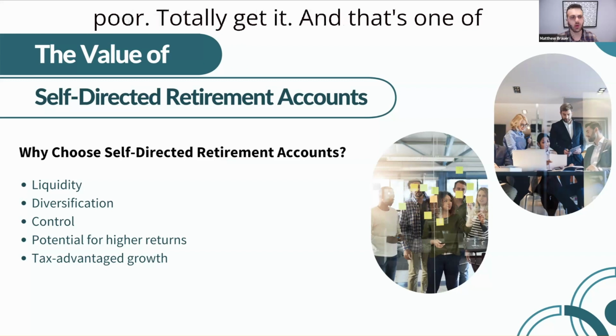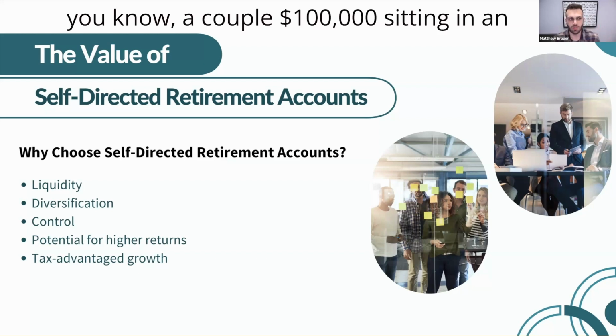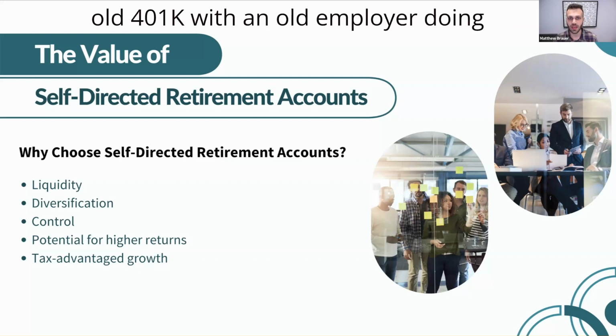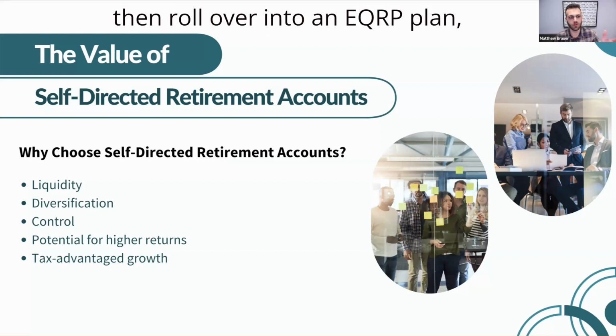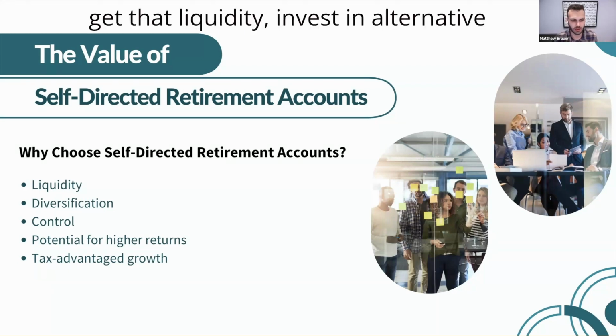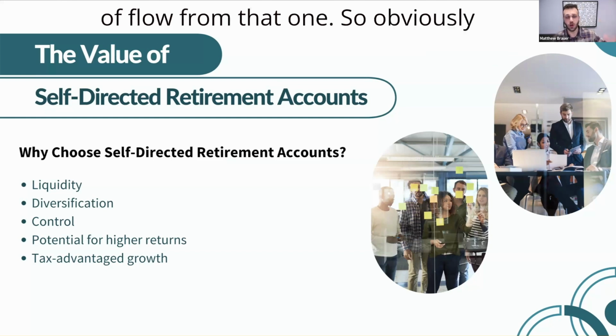You don't want to be cash poor, totally get it. And that's one of the greatest advantages of using a self-directed account. You may have a couple $100,000 sitting in an old 401k with an old employer doing absolutely nothing for you that you can then roll over into an EQRP plan, get that liquidity, invest in alternative assets. And all the other ones really kind of flow from that one.